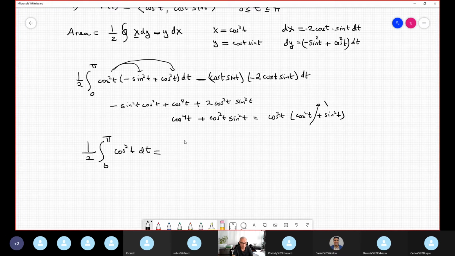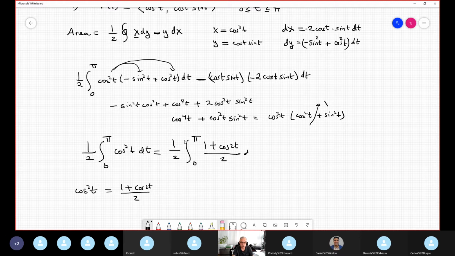This is the classical problem from Cal 2. You use the half angle formula. 1/2 integral from 0 to pi. Half angle formula says, let me copy here, cosine square t is equal to 1 plus cosine 2t divided by 2. So we have 1 plus cosine 2t divided by 2 dt, don't forget dt.